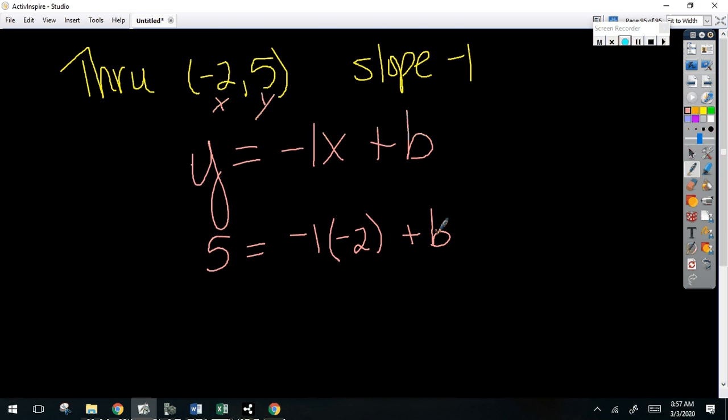Y is 5. -1 times -2 is what? +2. Remember, a negative times a negative equals a positive. And now what do I do? I move the 2. That's exactly right.